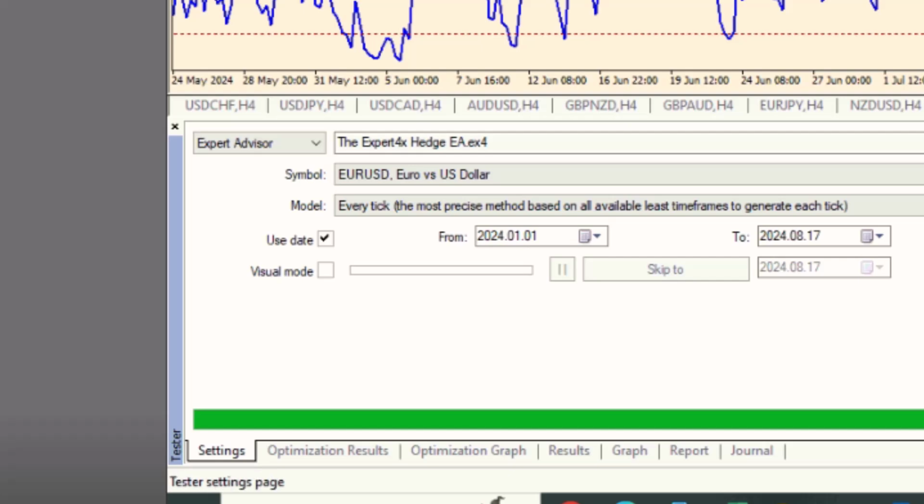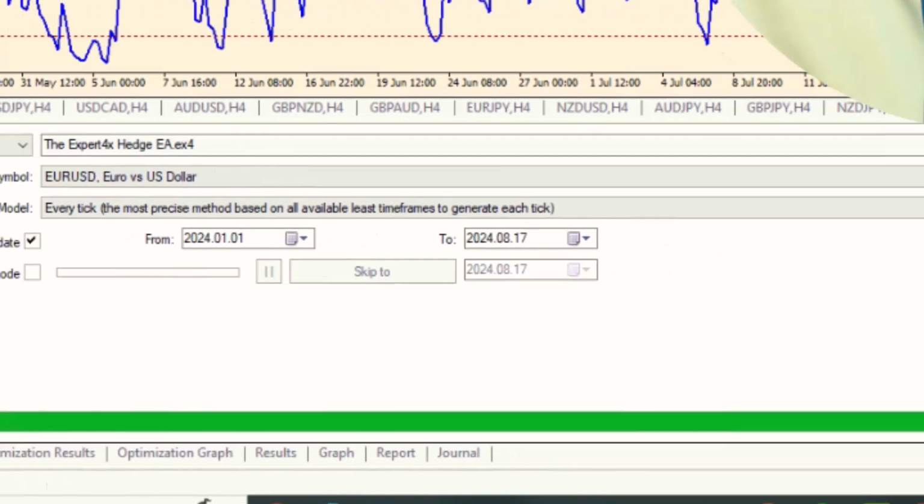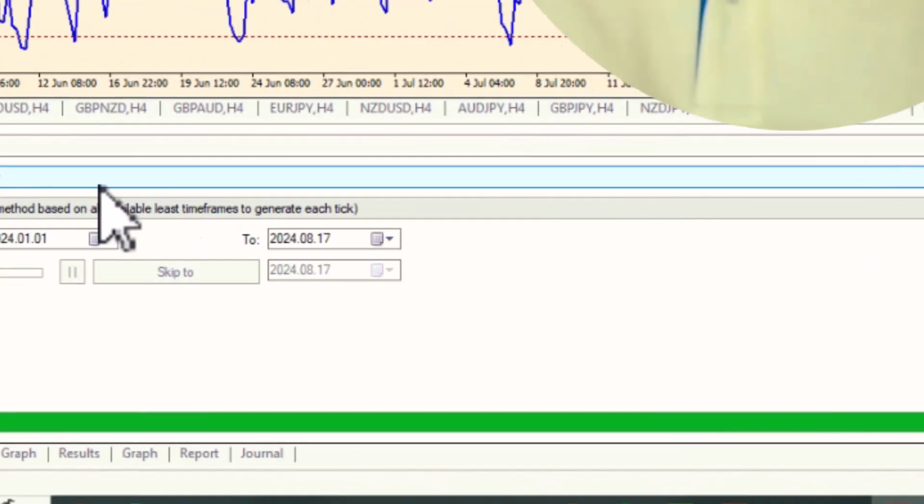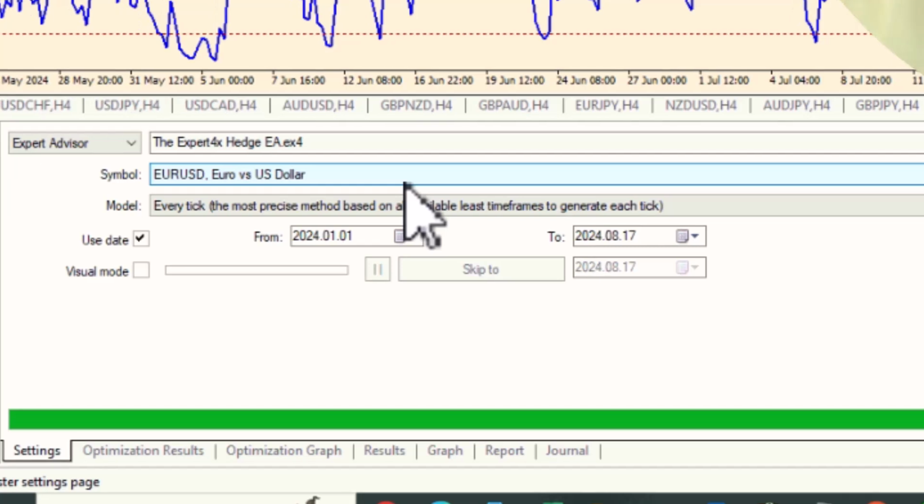I'm using a period of 15 minutes and a spread of 1, which is fair for the Euro USD. While I'm using the Euro USD, it's also one of the low volatility currencies and one of the lowest trendiness currencies, which makes it a lot safer to trade the hedged EA.